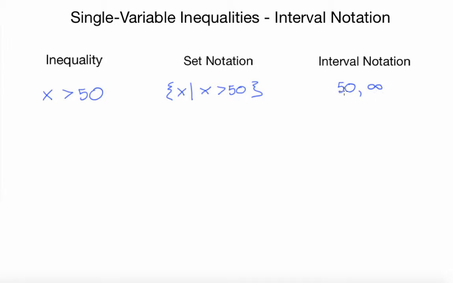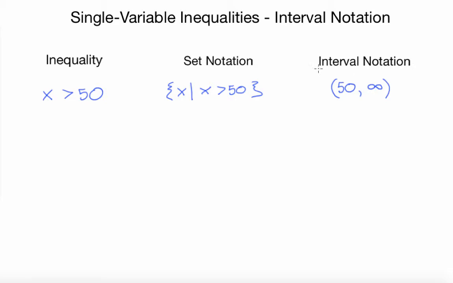Now, x is greater than 50, so 50 is not a solution. If it's not a solution in interval notation, I put a curved line, indicating that 50 is my boundary but the solution does not include 50. Then going off to infinity, I put another curved line. It looks sort of like a point, an x and y coordinate that I can plot, and that can get confusing for students.